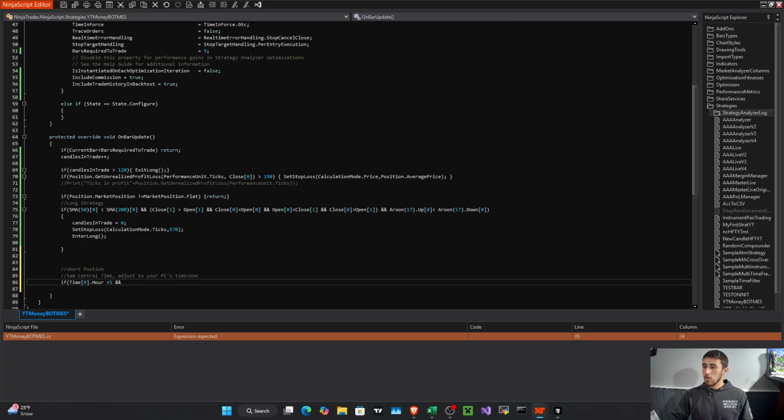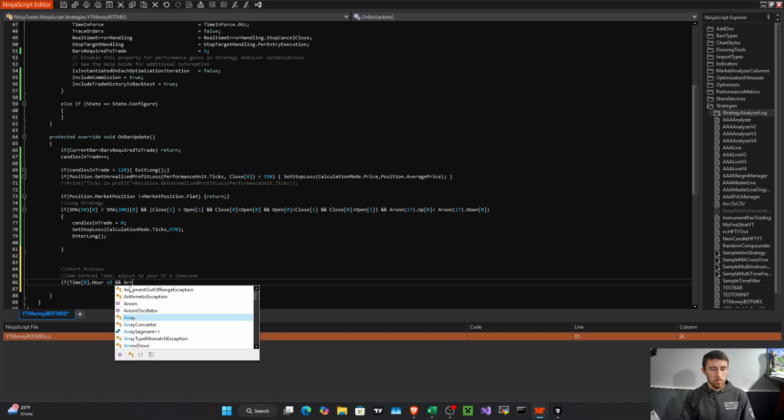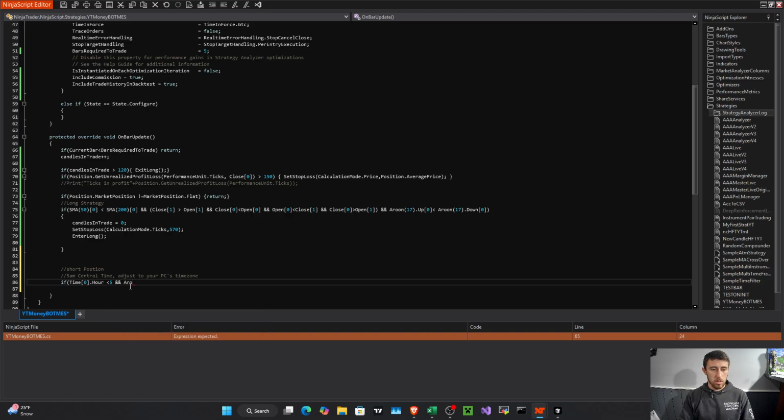Then signal number 2 is 58. The buy signal had 59. Now we have 58, which is going to be a rune. Period of 17 again. Now we're still taking the up of the last.